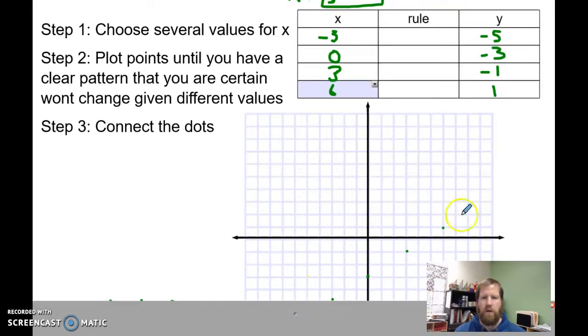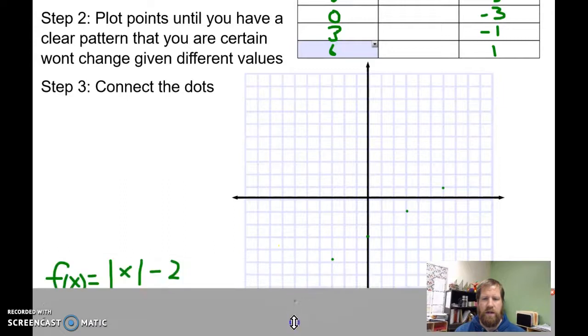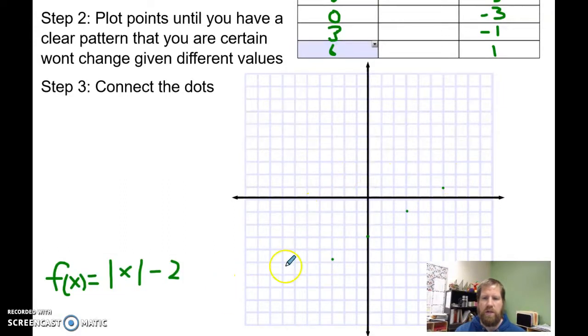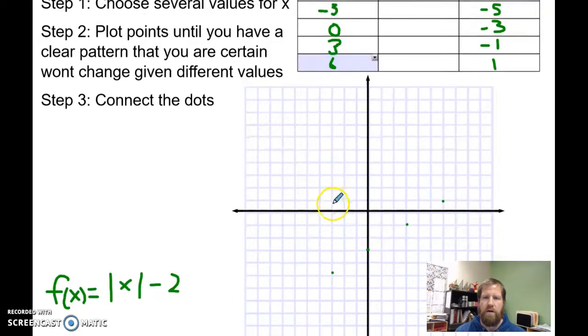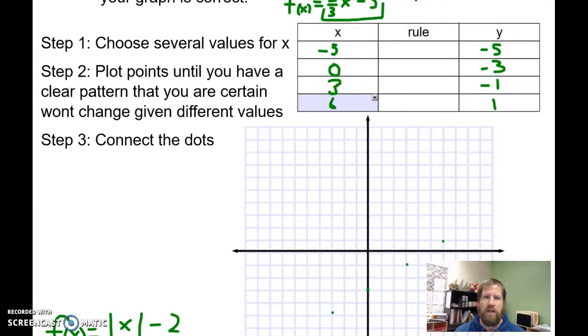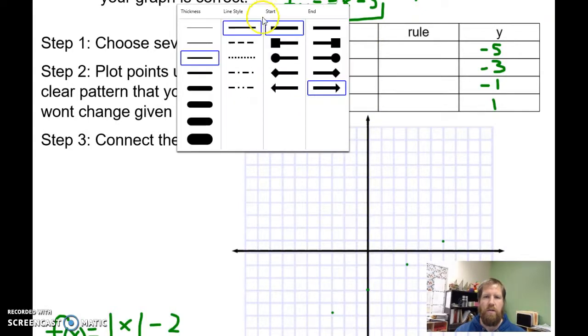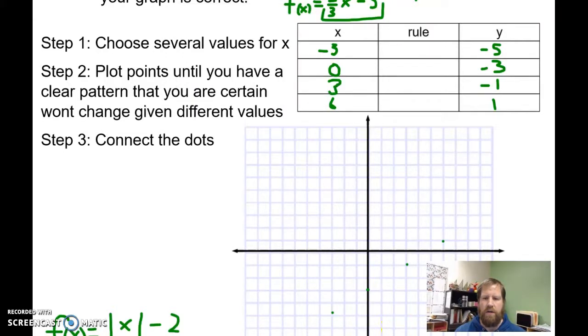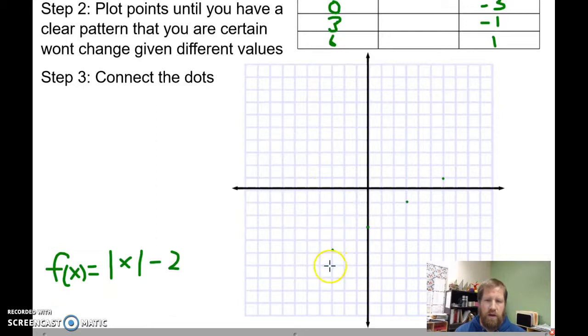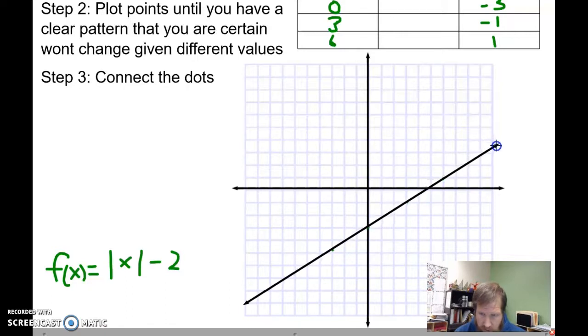Okay, so we have our line or our points plotted, and we can see that we have what looks like a pretty clear pattern where we are going to be able to connect those dots and be confident about the results, not just on this section of our line, but on any point in our line. So let's see if we can get these to line up. Somewhere about there. Might be off by a little bit, but that looks about right.